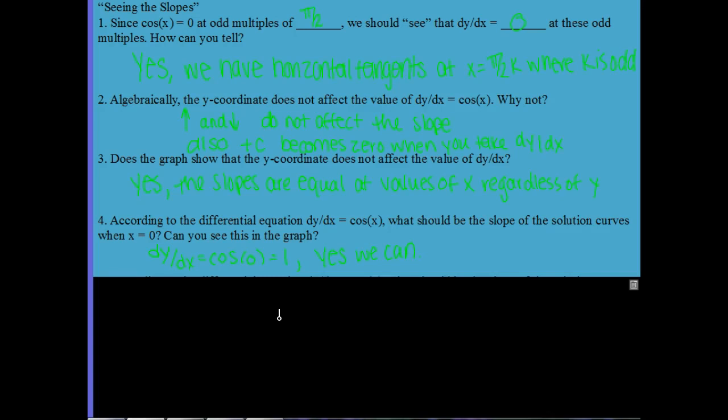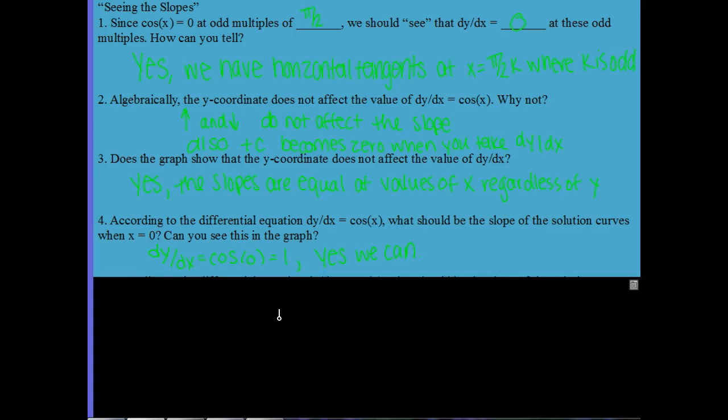Is the graph I gave you up top cosine or sine? Sine, because it's the derivative of cosine. Technically, exactly. The graph that is graphed is sine, not cosine. Isn't the derivative of cosine negative sine?